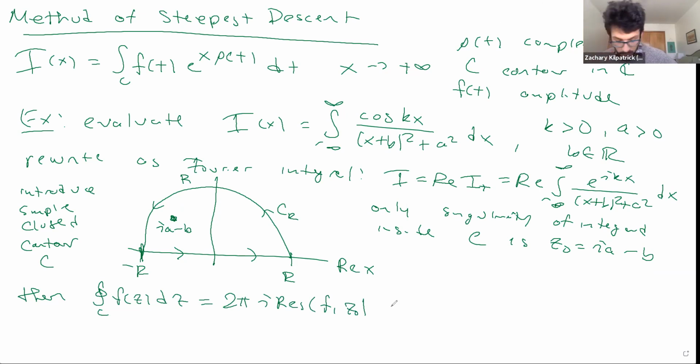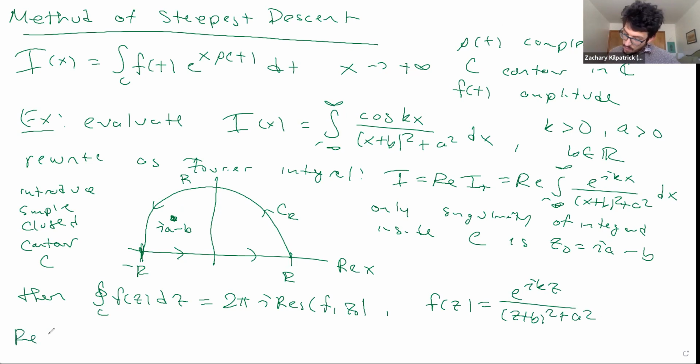So what's f of z here? f of z is going to be equal to e to the i k z divided by (z plus b) squared plus a squared.